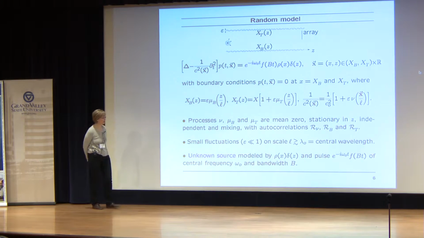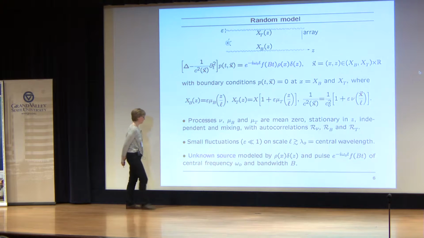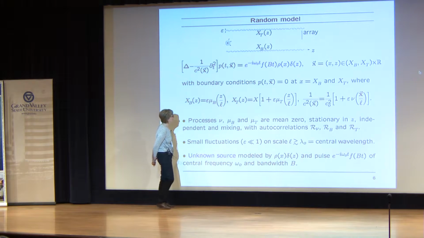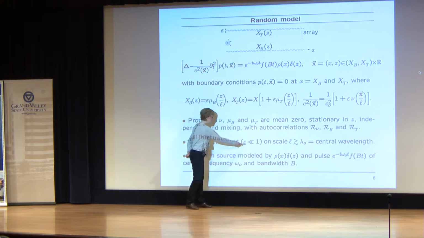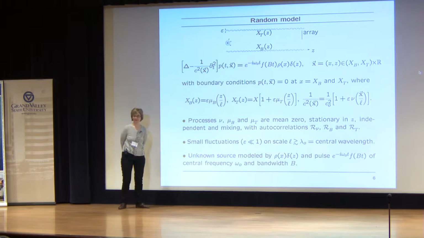That is a regime in which the waves interact strongly with the complex environment. But the fluctuations, or the random fluctuations of the boundaries and the wave speed are small. And this we model with a small parameter epsilon. So this is a small dimensionless parameter epsilon.